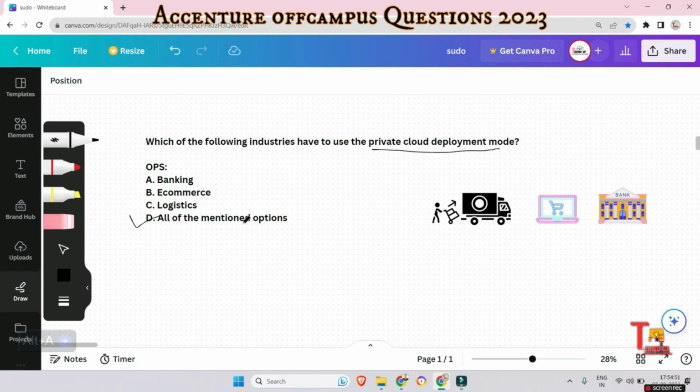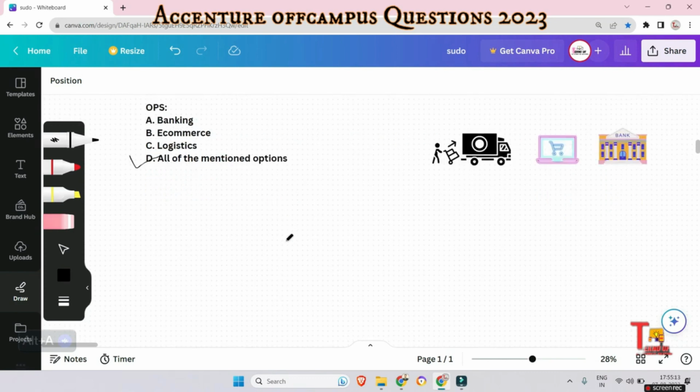Banking, e-commerce, and logistics deal with sensitive customer information, financial data. Whichever company deals with sensitive information needs the private cloud deployment mode, right? So the answer will be all of the mentioned above.